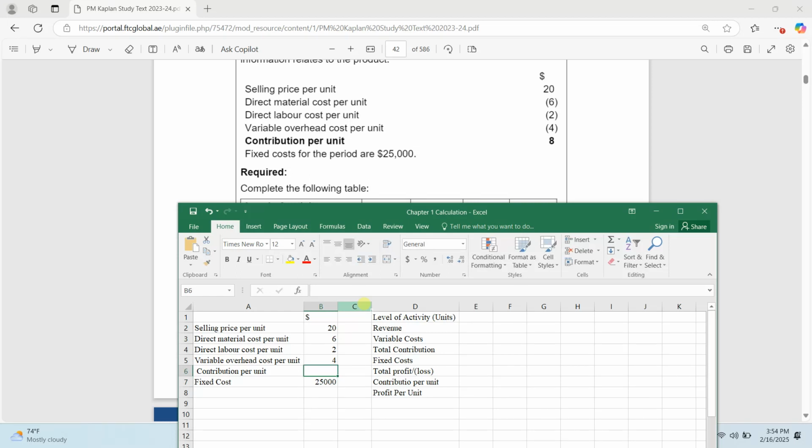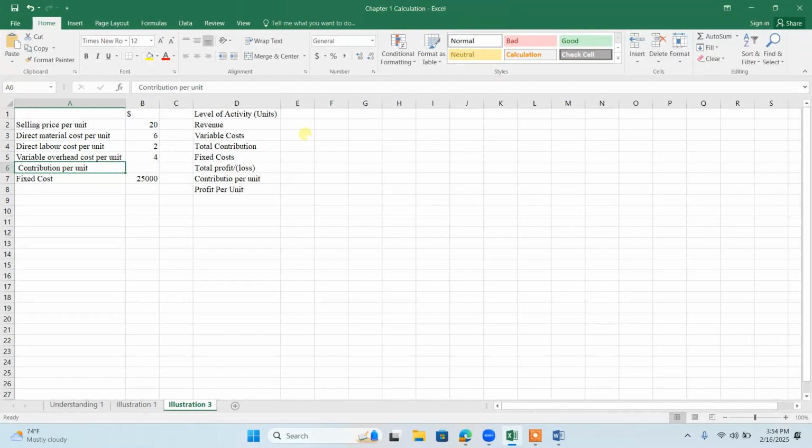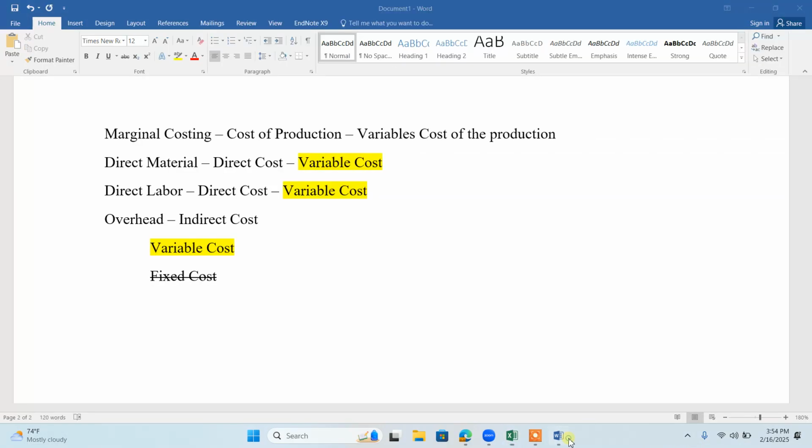In the marginal costing method, we do sales minus cost of goods sold, which is only the variable cost. We call this answer the total contribution. Total contribution means contribution margin.